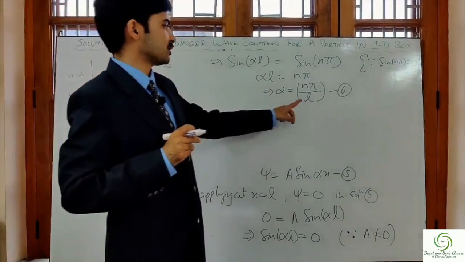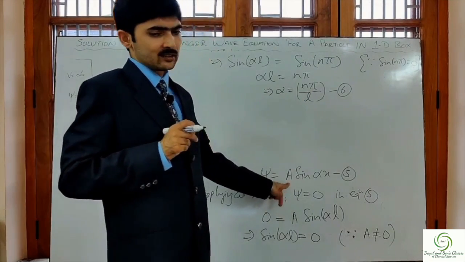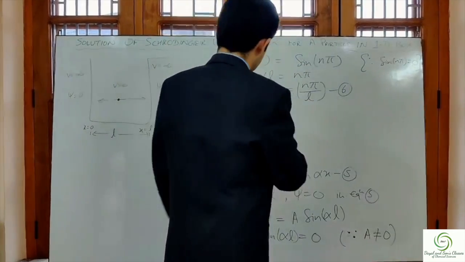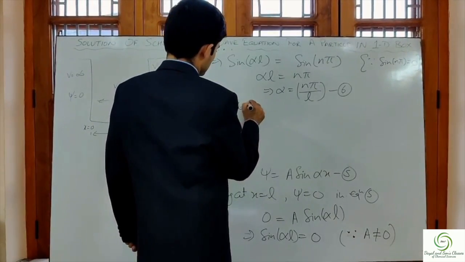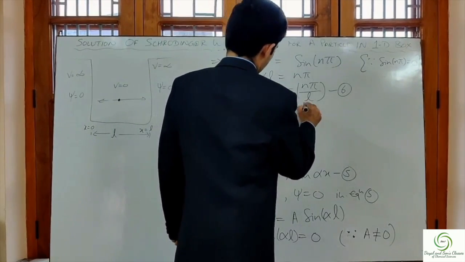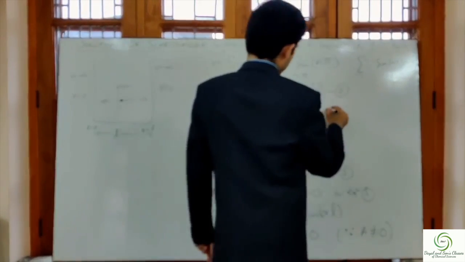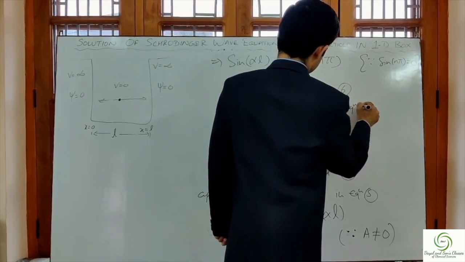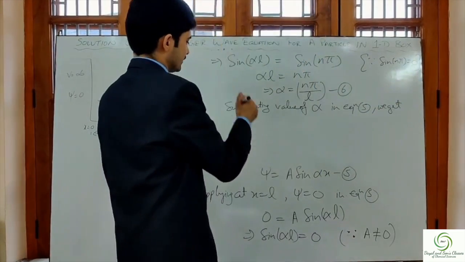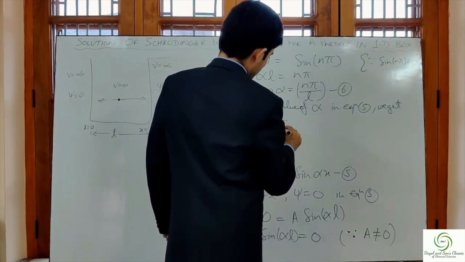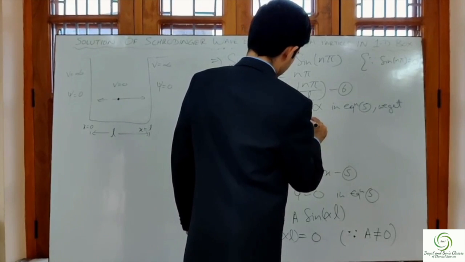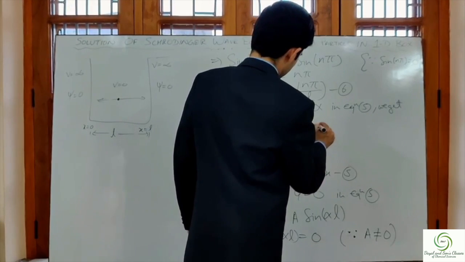Right? Now we substitute this value of alpha in our wave function given by equation number 5. What do we get? Substituting the value of alpha in equation 5, we get psi is equal to A sine n pi upon L into x.